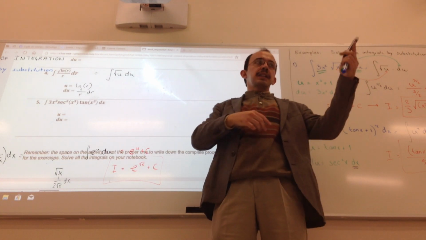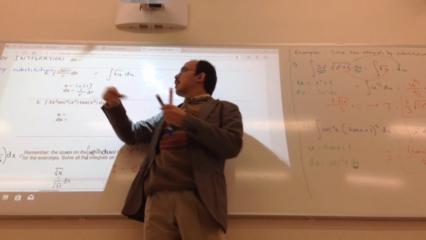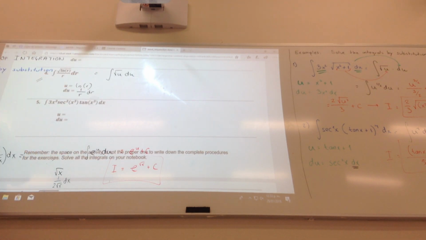Same situation. It's 1 over r. If I were to rewrite that in the beginning, you could see that it's 1 over r times the square root of ln of r. So the same situation as the previous one.